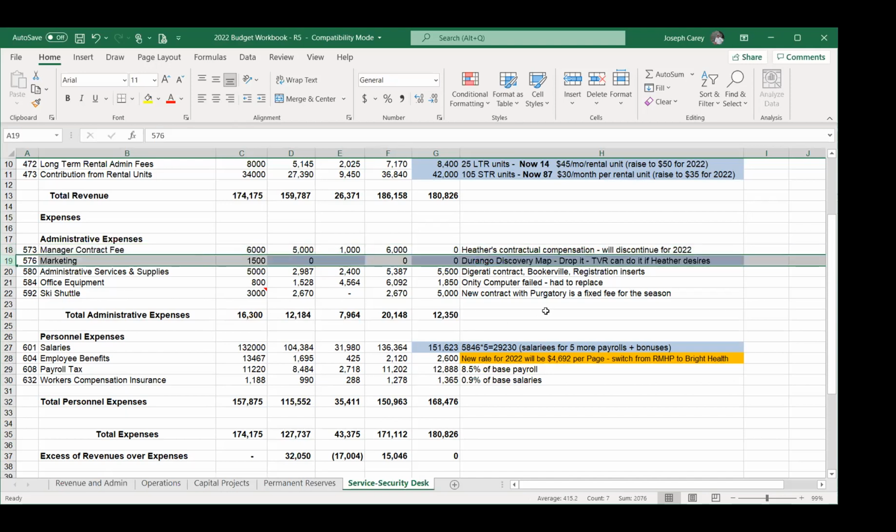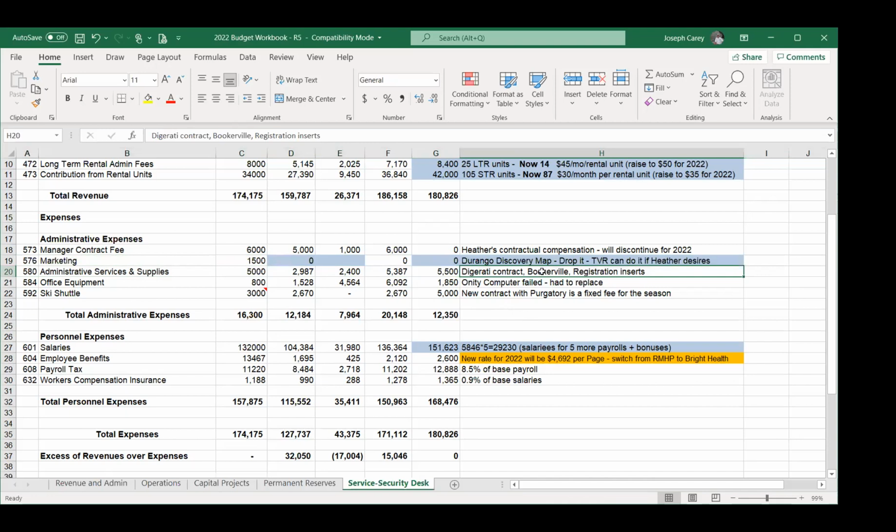And that's her compensation for managing our in-house rentals. Marketing, we decided to drop the Durango Discovery Map. That's what that $1,500 was, being identified on it. If Heather wants to do that, she can do it. Administrative services and supplies. Front desk pays a portion of our IT contract.